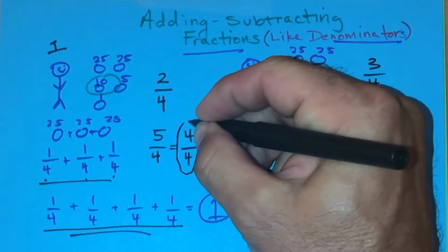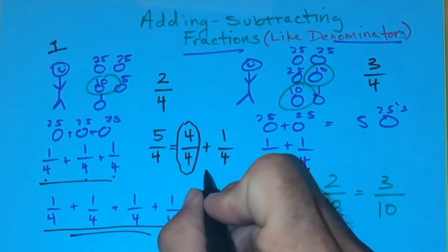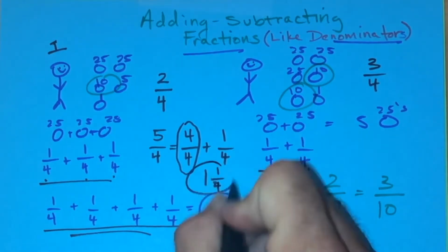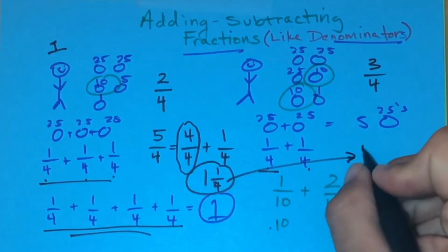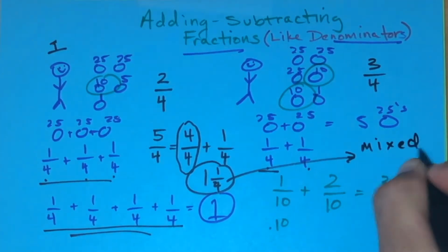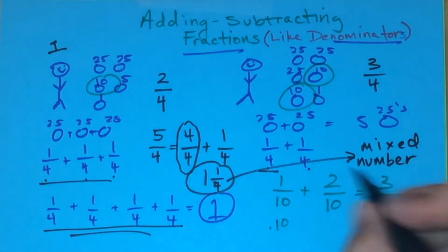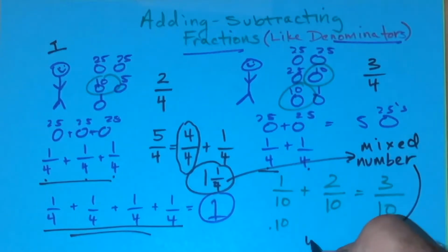This is my whole plus that 1 quarter. So I have $1 whole plus the quarter. And this is where what we call a mixed number, or a whole number with a fraction, comes into play. That's why I call it mixed, because it has a whole number mixed with a fraction.